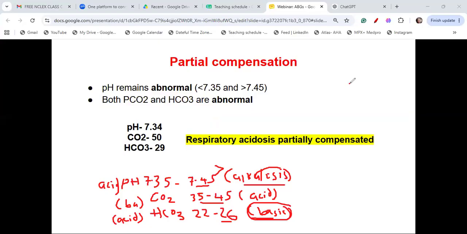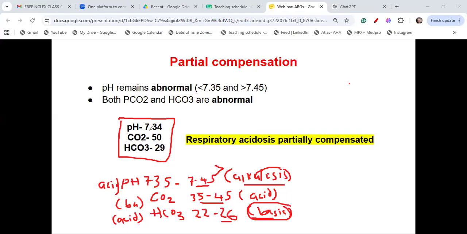Okay? And I've said you only introduce a bit of compensation after you have interpreted your ABG. So we're going to start by interpreting this ABG before we introduce the aspect of compensation.